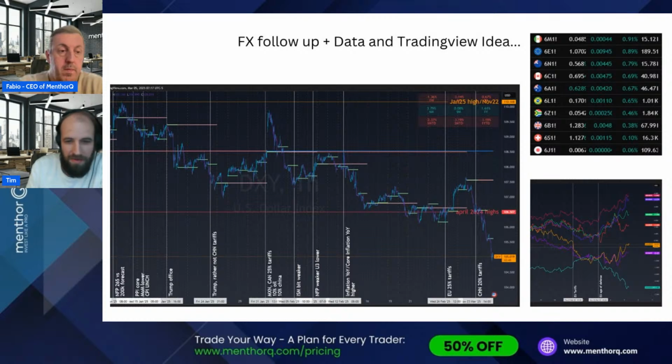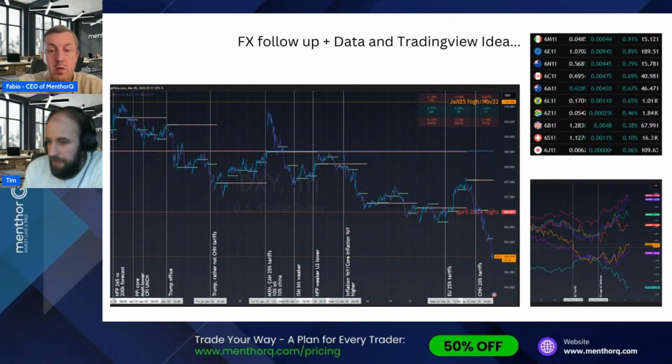So maybe history repeats. I don't know. A lot is different from the first term, but the dollar weakness seems to follow this playbook. And what's interesting, dollar weakness is usually labeled as bullish for stocks. And guess what? It's not like this time.